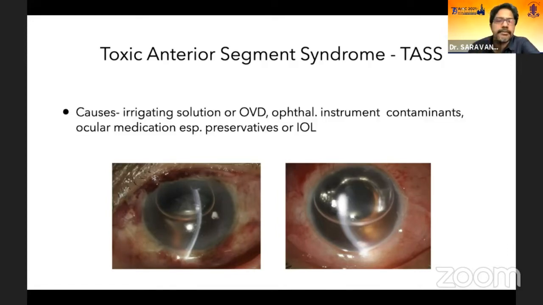The causes for this will be contaminants in the irrigating solution or the visco which you use intraoperatively to insert the iris or wash the nucleus, bring out the nucleus. And also the various instruments, Simcoe cannula and all those instruments which are used. Sometimes deposits from using non-reverse osmosis water can also produce salt deposition onto the instruments following the autoclave cycle, which, when introduced into the eye, can produce all these symptoms.